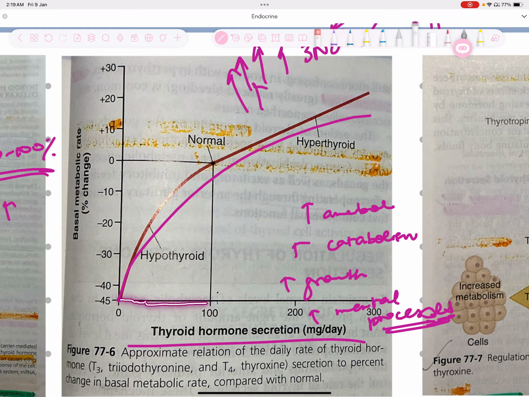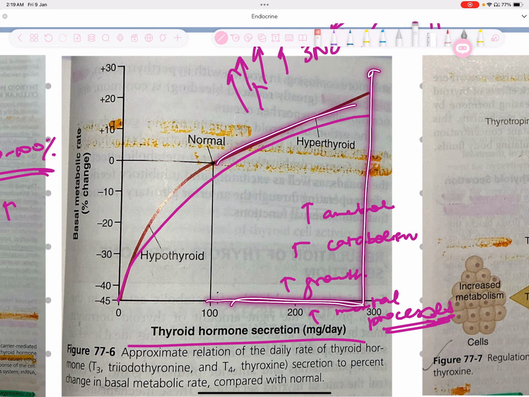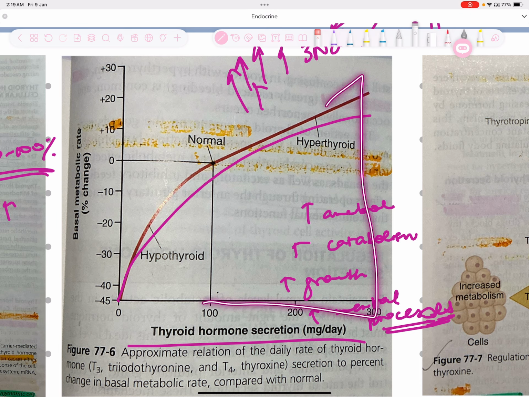But extreme thyroid hormone, for example if it goes up to 100, is going to cause a very excessive increase in the basal metabolic rate. So if there's a minor increase in thyroid hormone, it's fine. This is the normal level. But if thyroid hormone increases greatly, that's when the basal metabolic rate will be altered.